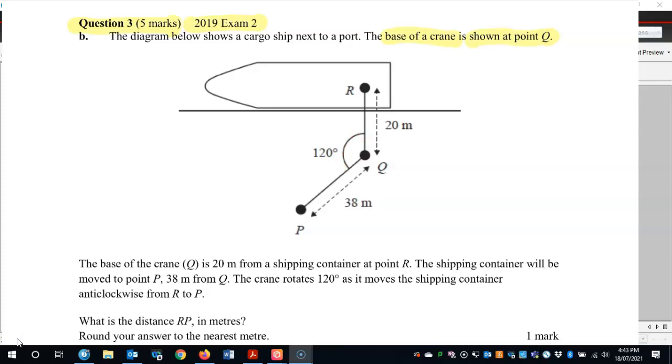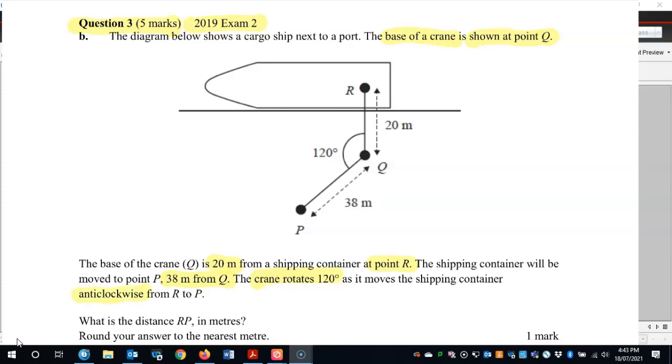So the base of the crane, the bottom of the crane, is 20 meters from a shipping container at point R. The shipping container will be moved to point P, 38 meters from Q. The crane rotates, turns 120 degrees as it moves the shipping container anti-clockwise.